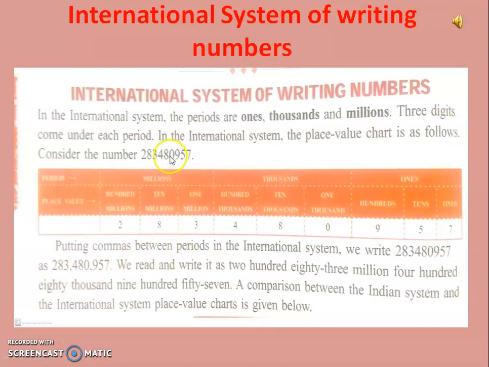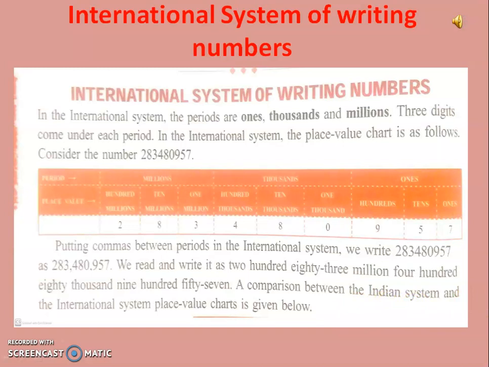Then we will have 3 digits afterwards. So only 2 commas come here according to the international system of writing numbers. We read and write it as 283,488,957. A comparison between the Indian system and the international system place value charts is given in the next slide.